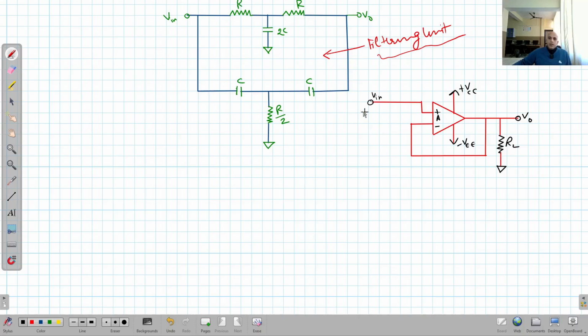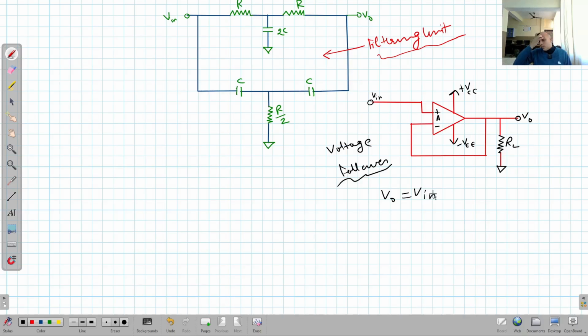So you can see, this circuit is basically of a voltage follower. This is a voltage follower, meaning simply V output is equal to V input.